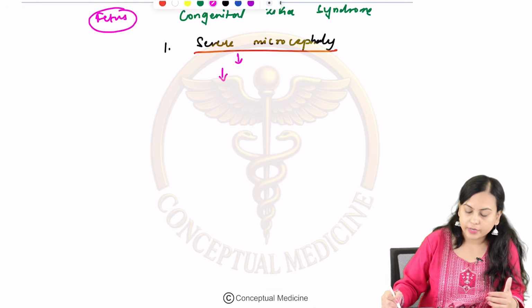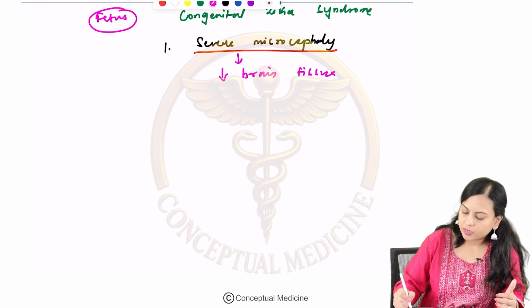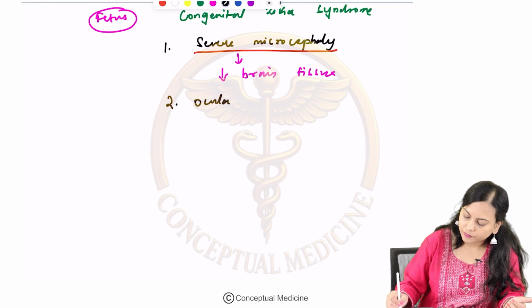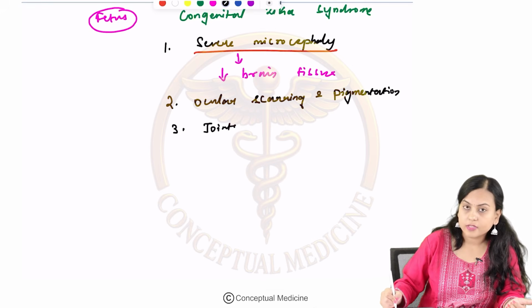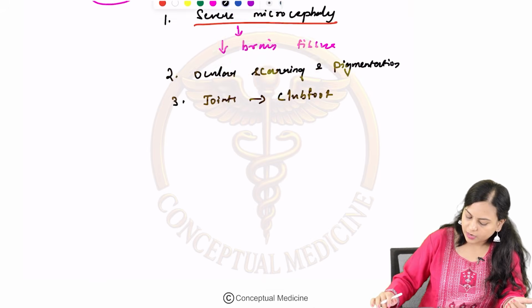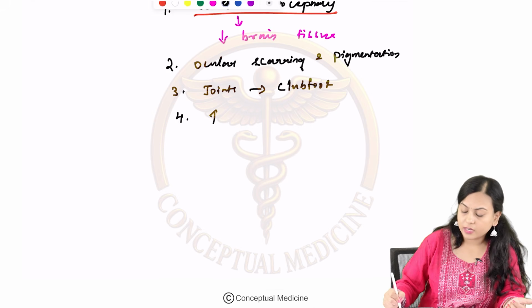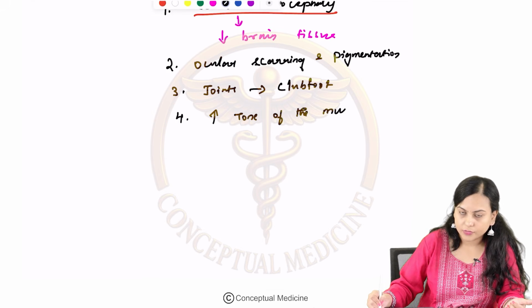This is due to reduced brain tissue. There can be ocular scarring or pigmentation, and the joints are affected, that will result in clubfoot, and there is an increased tone of the muscles also.